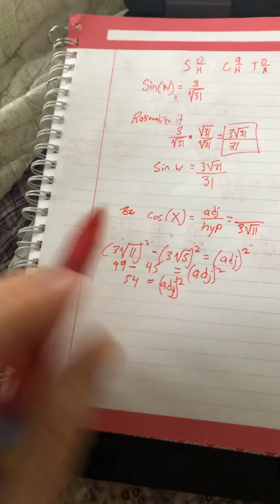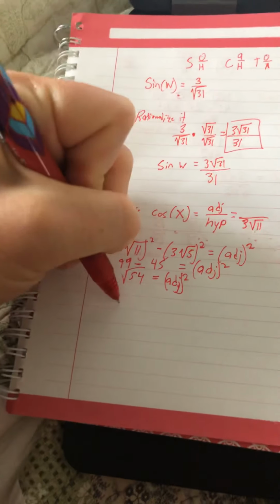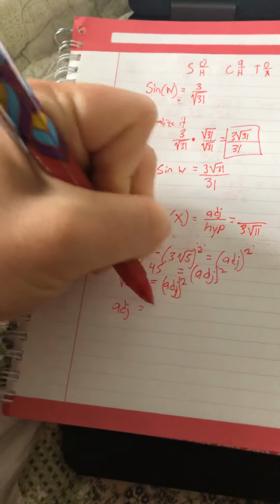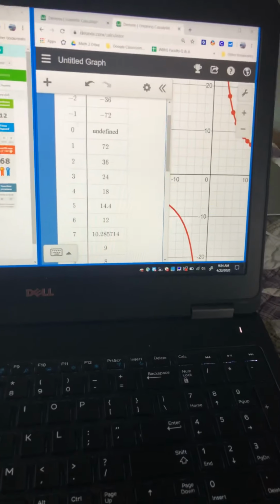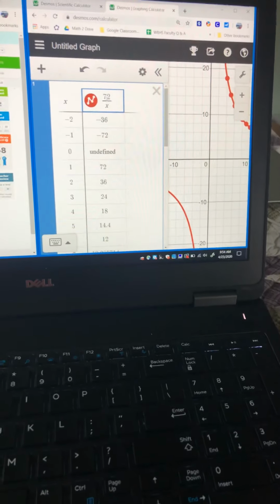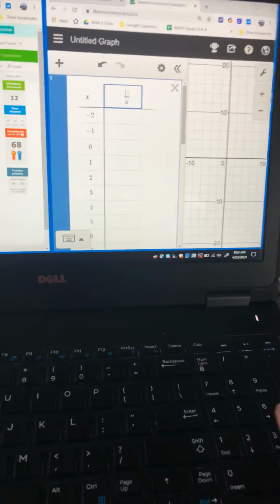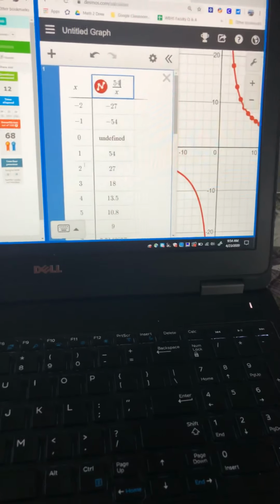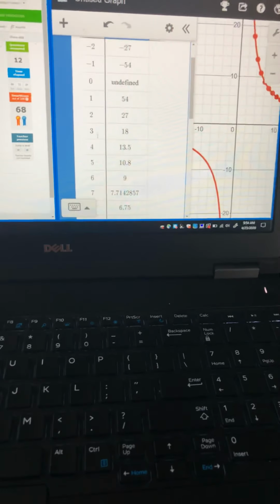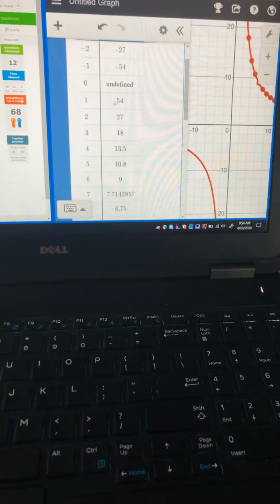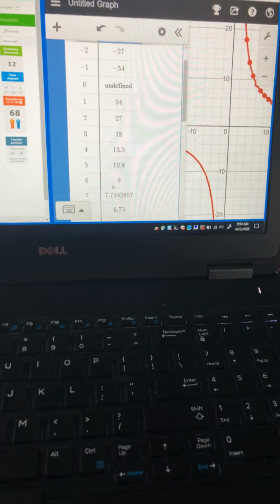Okay. So our adjacent, because we have to get rid of that square, we're going to square root this. Root 54. And I just want to make sure there are no perfect square factors of 54. So I'm going to look at our factors. Because if we can simplify it, we totally should. And let's see, the first perfect square factor I see is 9.